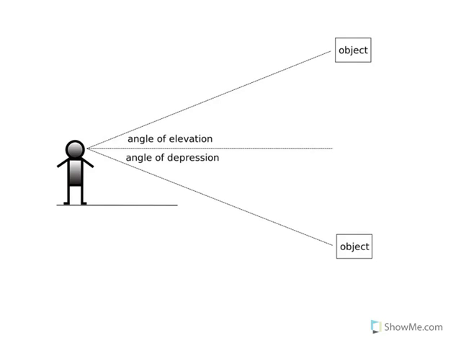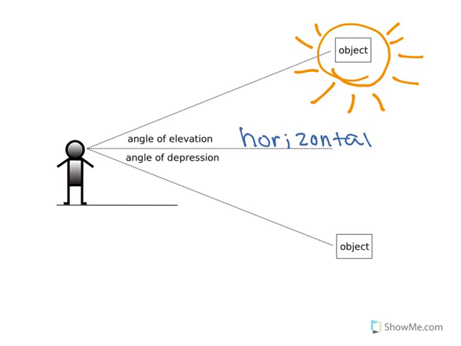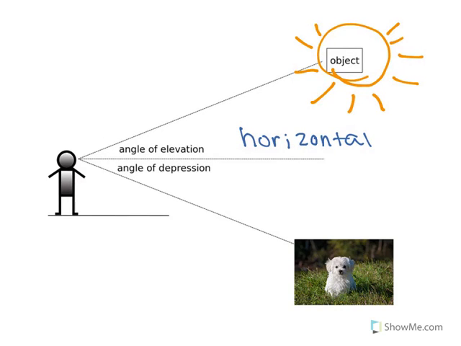Here I am looking up at an object and looking down at an object. I only have one horizontal here, so here is my horizontal line of vision. Looking up maybe at the sun, and looking down at my dog.